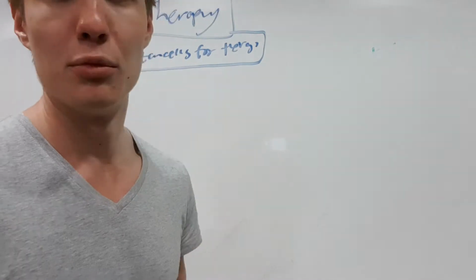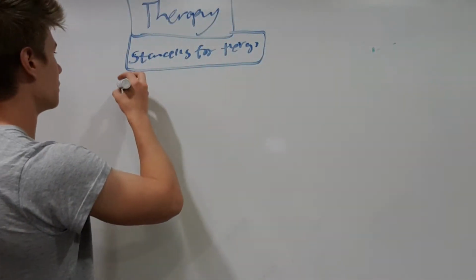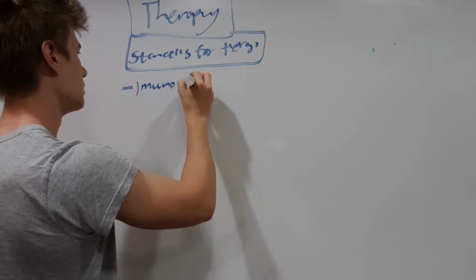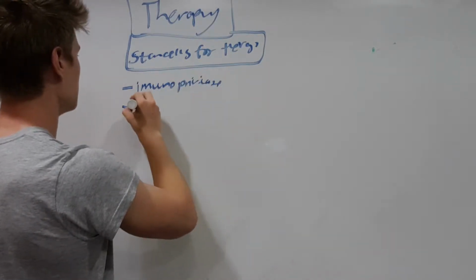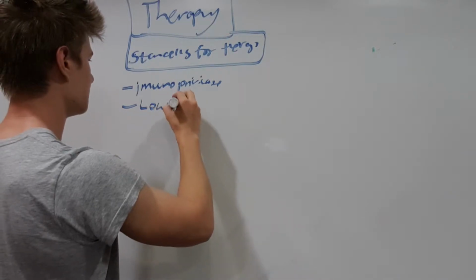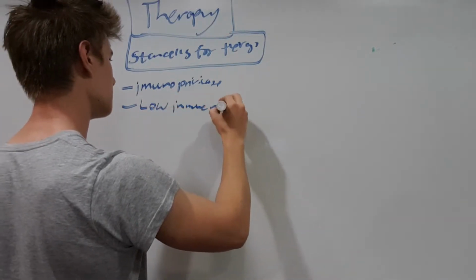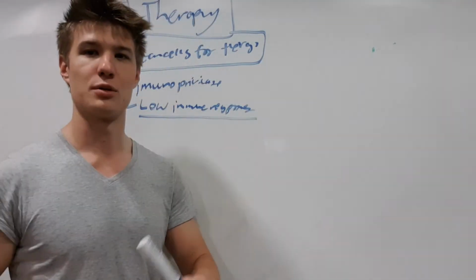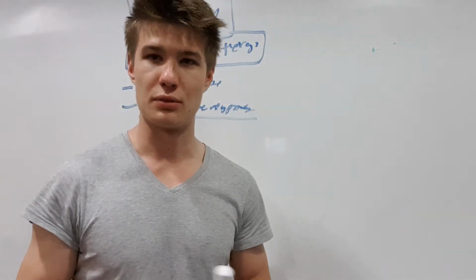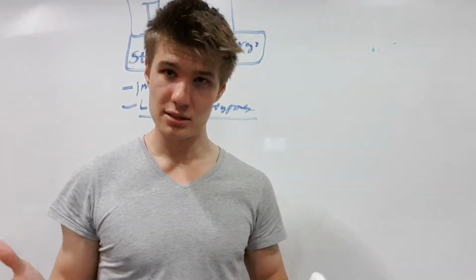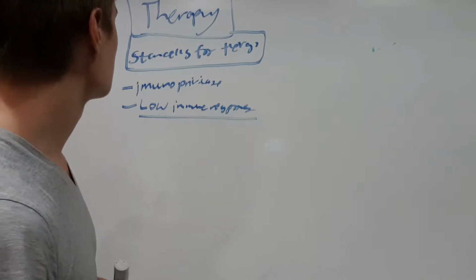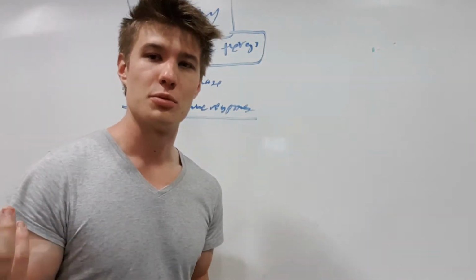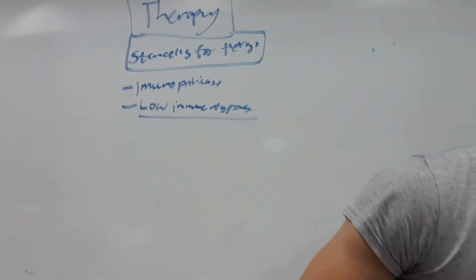They have some immunoprivilege, which is important, and they also have a low immune response. They have a low immune response because they have to interact with a fetus which has foreign antigens from the father, which makes sense. And the immunoprivilege is handy because it means we can inject them and get less of an immune response than we might expect.